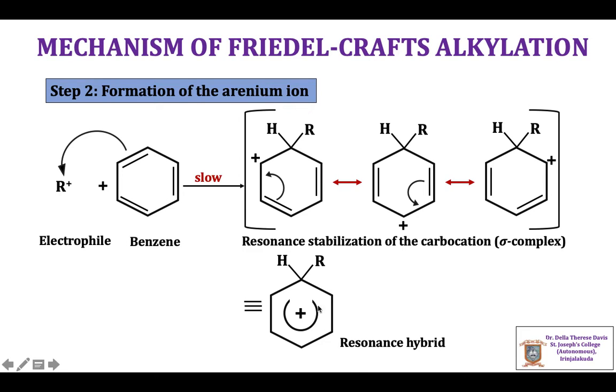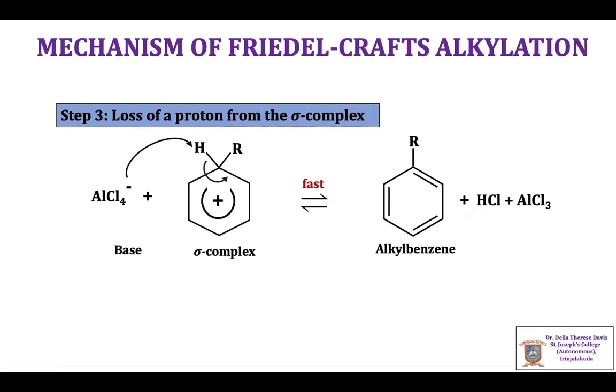The hybrid structure can be represented like this, in which the positive charge is delocalized across the 5 carbons, except the carbon to which the electrophile is attached. In the last step, a proton is lost from the sigma complex by the attack of a base, and we get alkyl benzene as the product.